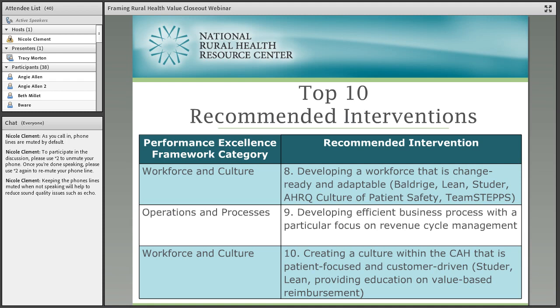We have 4 hospitals that decided they wanted to do Studer from the beginning. They've gone through 2 leadership development trainings, and we have plans for 2 more for the rest of this year.